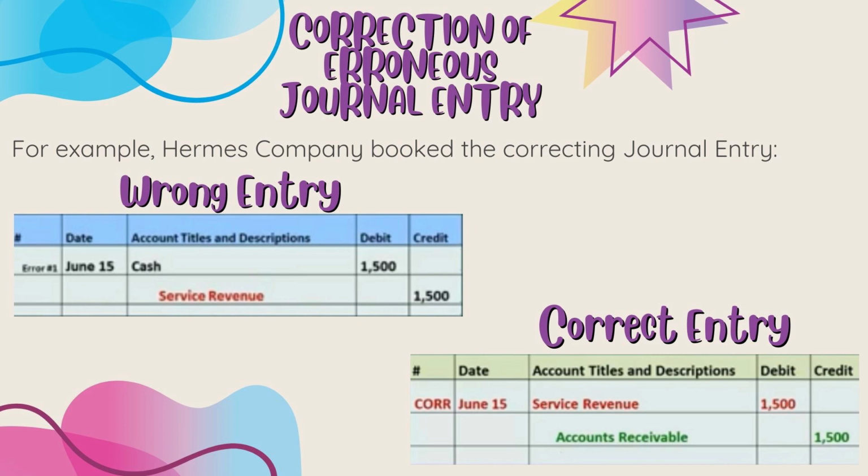So this is the collection of the customer who paid the invoice. Hermes debited cash and credited service revenue. It is wrong because service revenue is not the correct account. So the correct entry is to reverse: debit service revenue and credit accounts receivable because the customer paid.